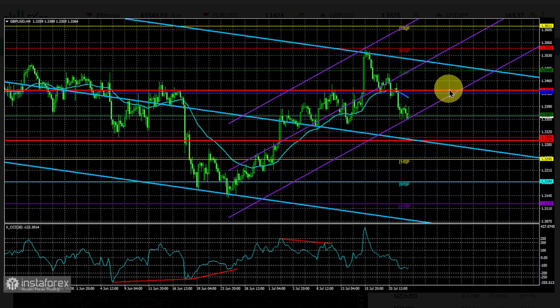The upper linear regression channel is pointing downward, indicating a bearish trend. The CCI technical indicator has formed a bearish divergence and entered the overbought area, signaling the start of a downward correction.